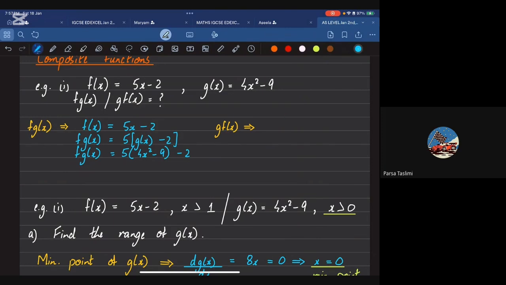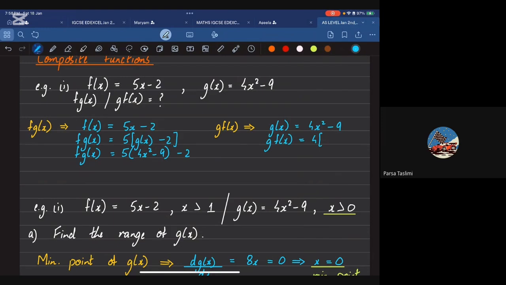Is it going to be again the same thing? g of x, as it is, the function 4x squared minus 9. But this time around, I'm simply going to put in f of x. So the entire f of x function comes into play over here. And whatever was happening to x in the original function, that is going to be the case again.